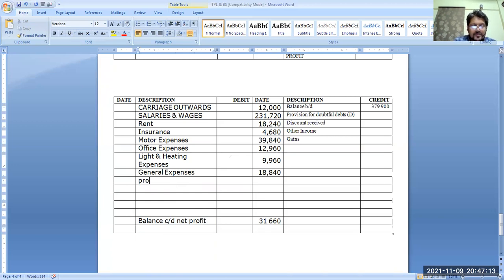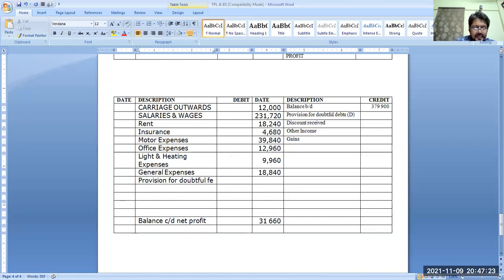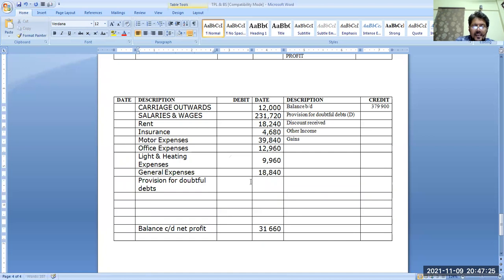Provision for doubtful debts, if it is increasing. If it is increasing, it's going to be shown on the debit side. Getting my point? Are you getting my point?